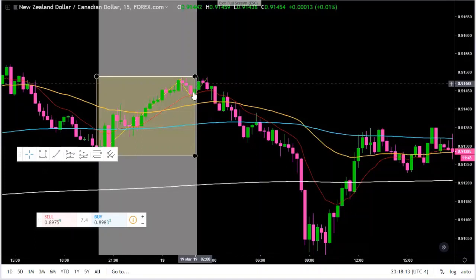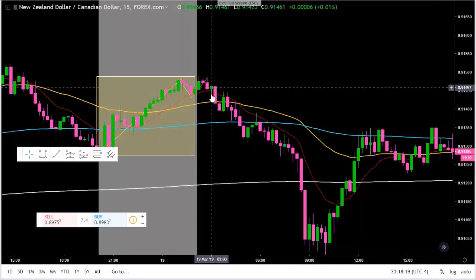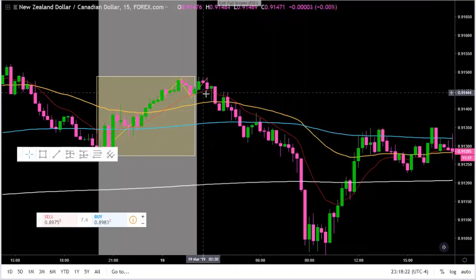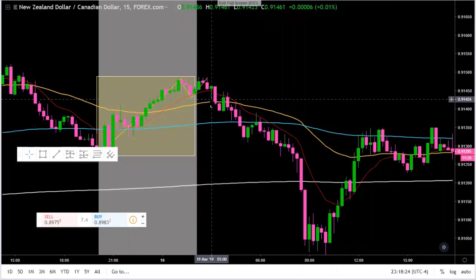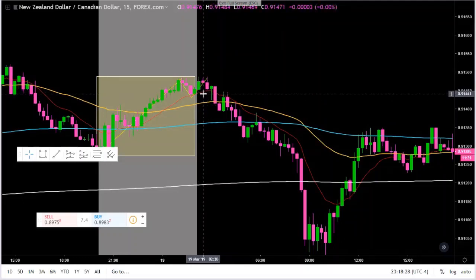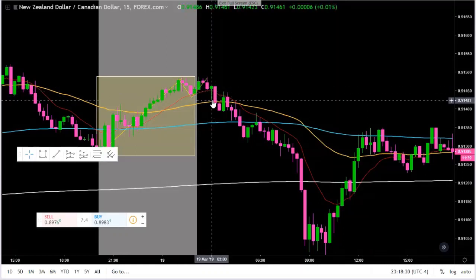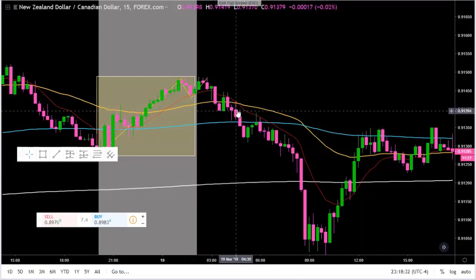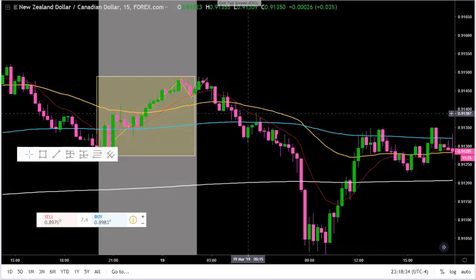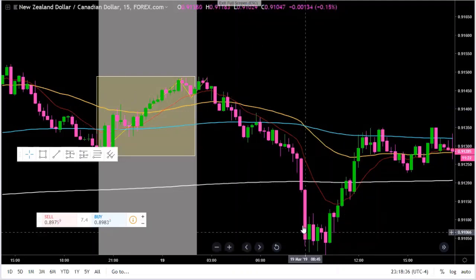So I would have waited until my second leg closed because that's actually what made the star pattern. And then right here on this one, I could have got in. Or if I was being a little more particular, I would have waited until my EMAs crossed here and then got in there.